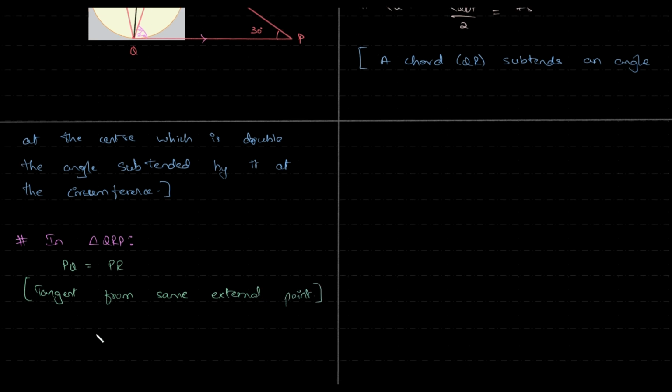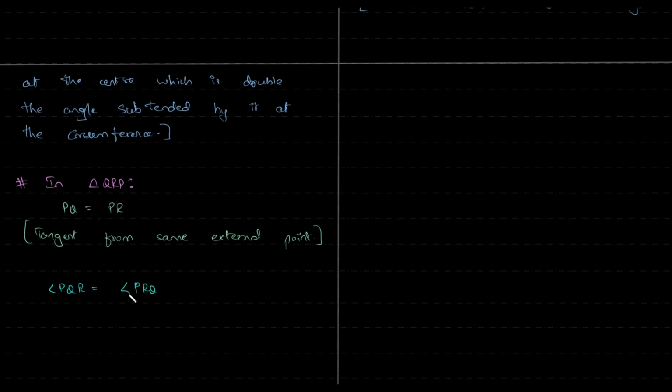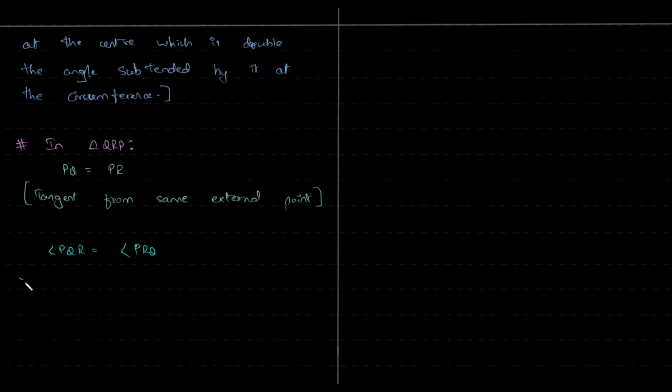And so we have angle PQR equal to angle PRQ, which we can call X or something, that's okay. Then we have the angle sum property: angle PQR plus angle PRQ plus angle RPQ, all of this is equal to 180 degrees. You don't have to write the reason, we have already written such reasoning.